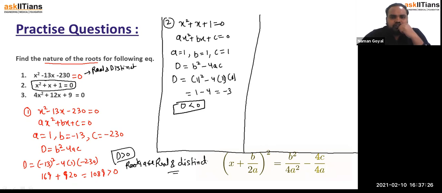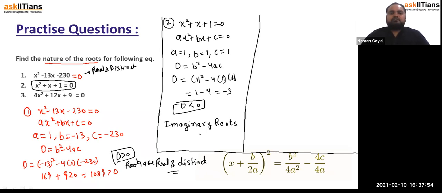So we know that if D is negative for any quadratic equation, then roots are not real, or we consider it imaginary roots and distinct. Okay, we can say that.